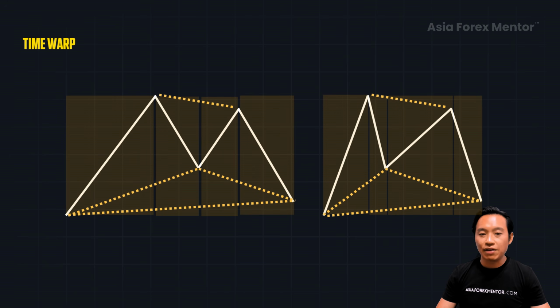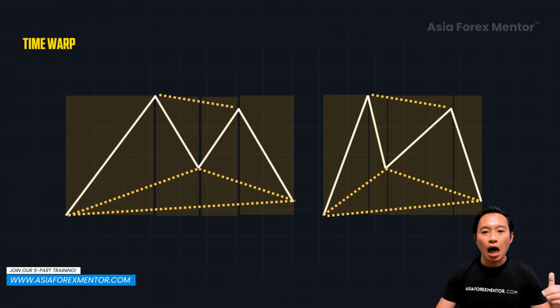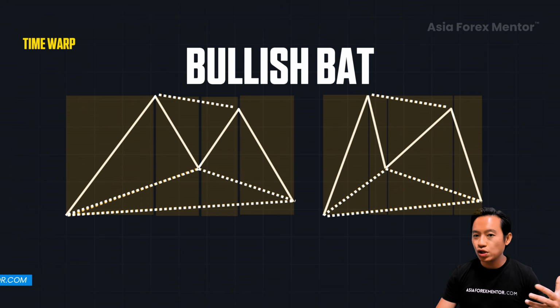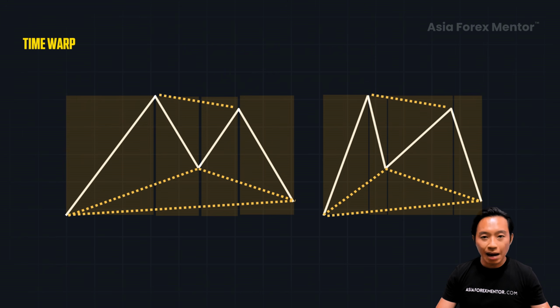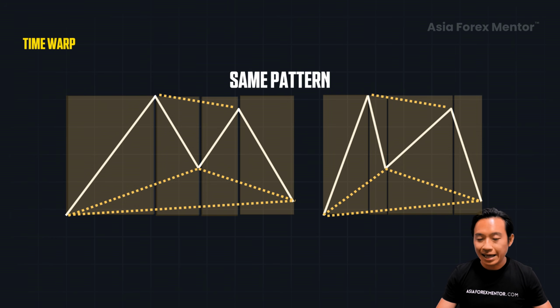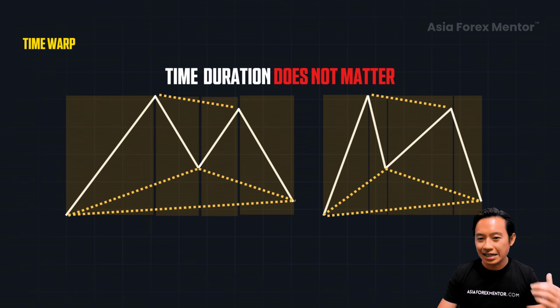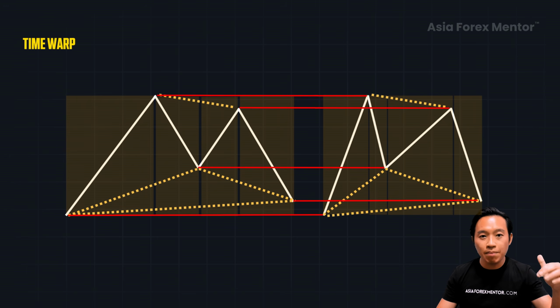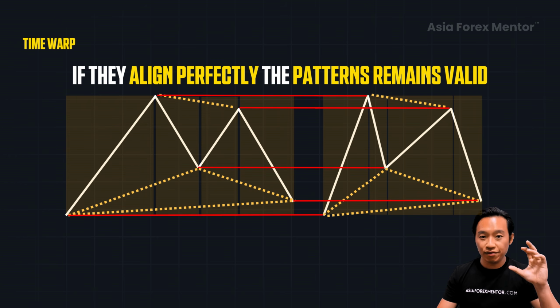So even if the pattern looks different, if you take a look at this, even if the pattern looks different, right, it remains a bullish pattern as long as the Fibonacci ratios hold. So since the time duration is irrelevant, these variations are still considered the same pattern. Time duration does not matter. It is irrelevant for harmonic patterns. As long as they align the same, the pattern remains valid.